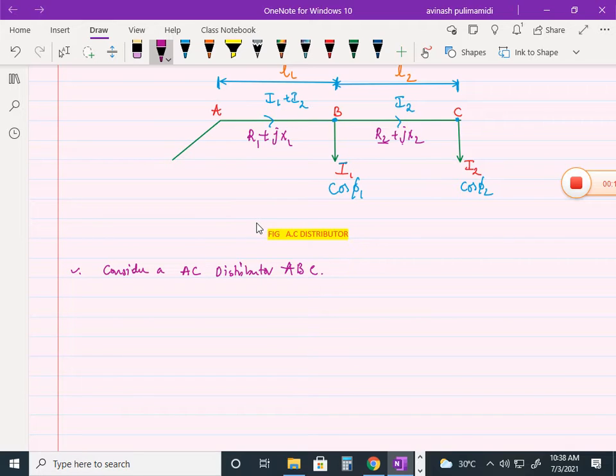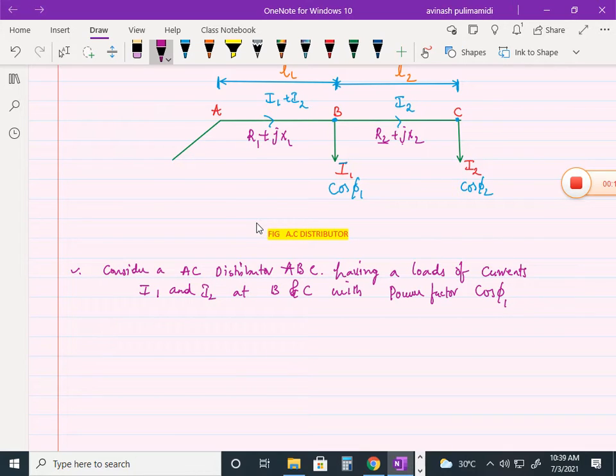Next, having loads of currents. What are the currents we have? I1 and I2, right? What are the terminals we have here? Load points B and C respectively, with the power factors. What is power factor 1? Cos phi 1 and cos phi 2.